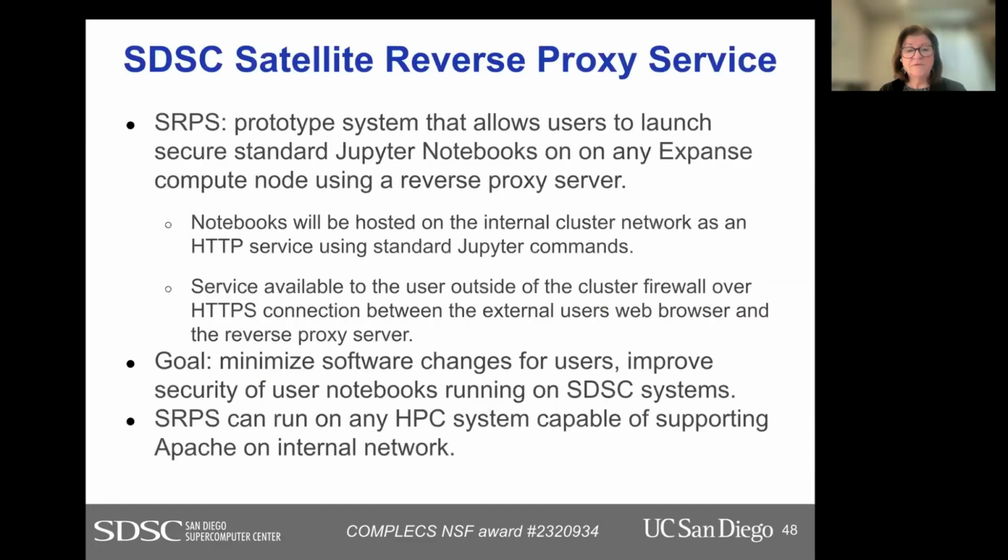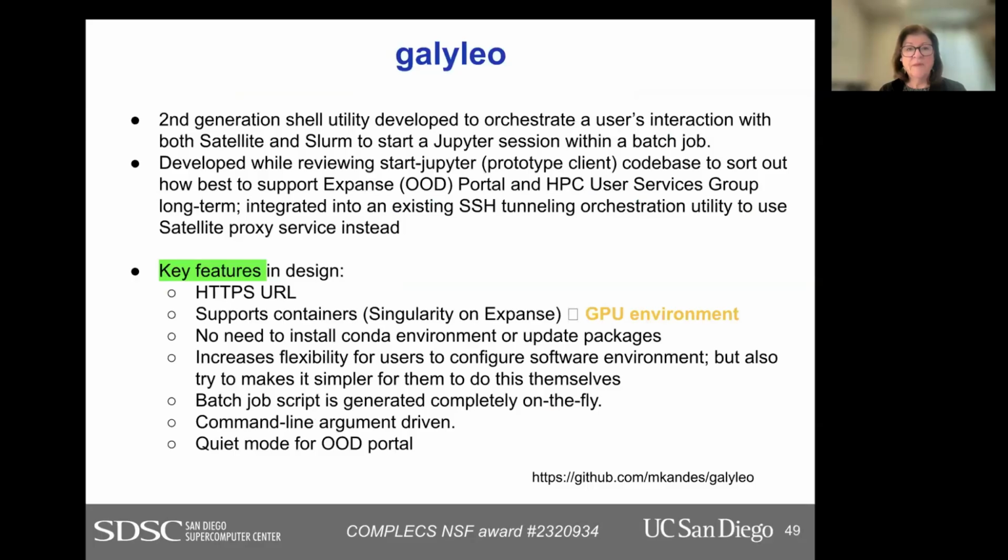So SRPS can run on any HPC system, and Galileo is the command line shell utility that Marty Candace has been leading the development of, and it helps you submit your job. It orchestrates your interaction with the Slurm scheduler, getting that remote node and launching whatever environment you need on it. You don't have to do module load. It'll load all that for you.